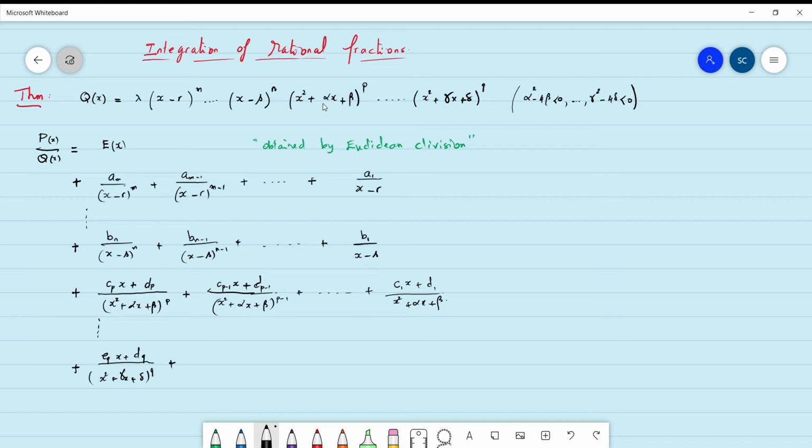Then we decrease, with a linear term over something of degree less by 1: e_(q-1) x plus d_(q-1) over x squared plus gamma x plus delta to the power q minus 1, and so on, down to e_1 x plus d_1. Sorry, f instead of d here; f is not necessarily the same, it is a different symbol. So f_(q-1) x plus f_1 over x squared plus gamma x plus delta. So this is what the theorem says.